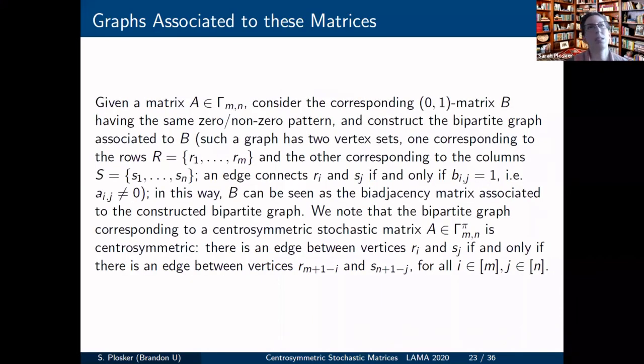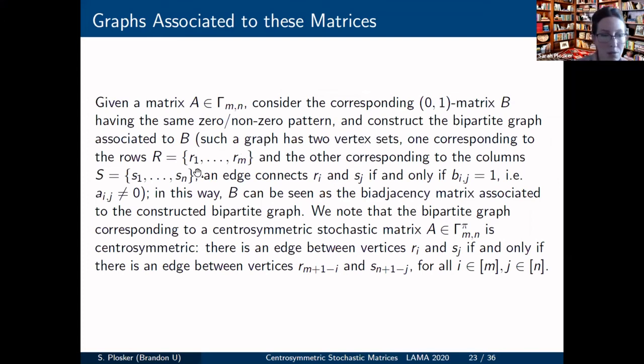Okay. We also looked at graphs associated to these matrices. So we have the extreme points, we have a basis, and we looked at graphs associated to the matrices. We look at a bipartite graph, where a bipartite graph has 2 vertex sets.